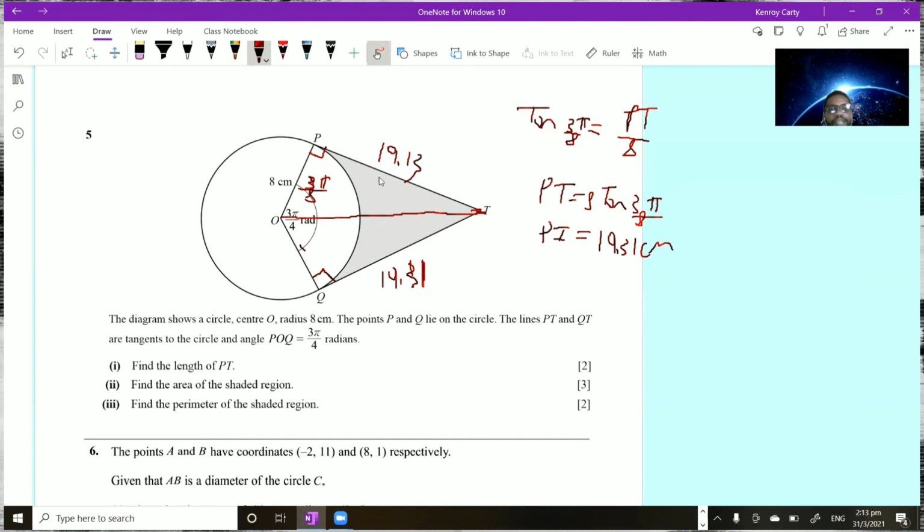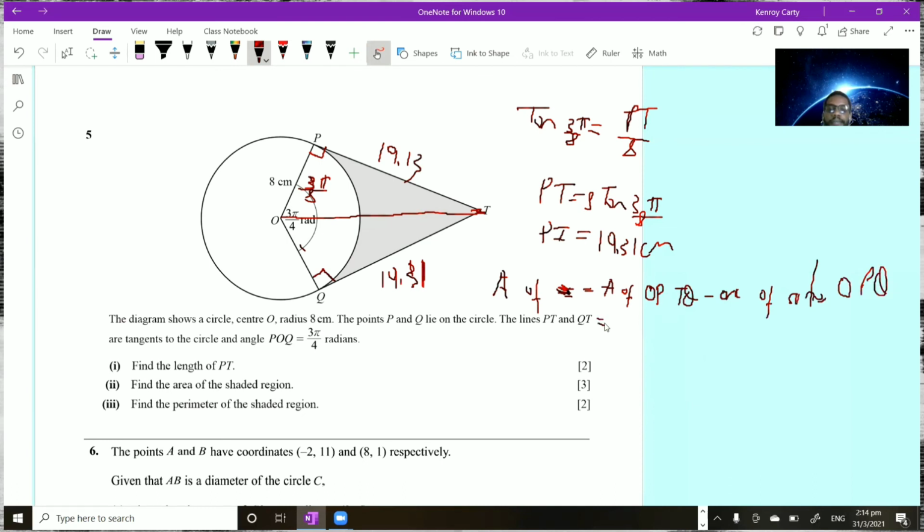If I can find the area of this kite, and I can find the area of this sector, then by subtracting the area of the sector from the area of the kite, I'm going to end up with the area of the shaded region. All right, so let me just say area of shaded region equal to area of OPTQ minus area of sector OPQ.